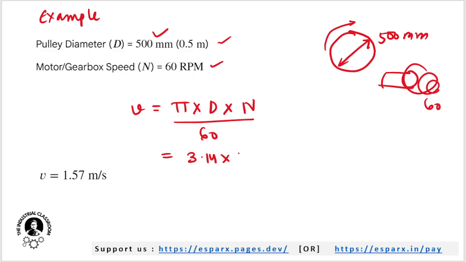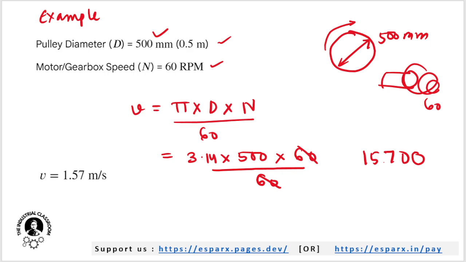D is equal to 500 mm and N is equal to 60, divided by 60. Here we see that 60 will be cut out, and 3.14 into 500, and 5 threes are 15, so we get 1570, which is 1570 millimeter per second, since we have taken it as mm.